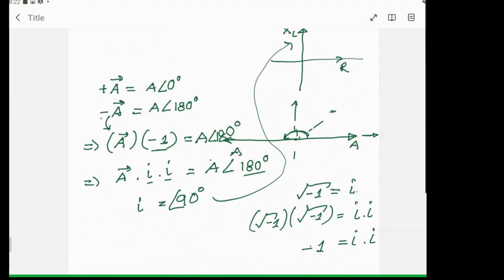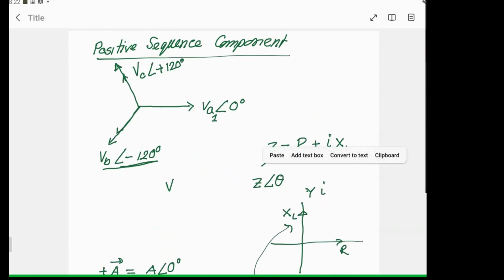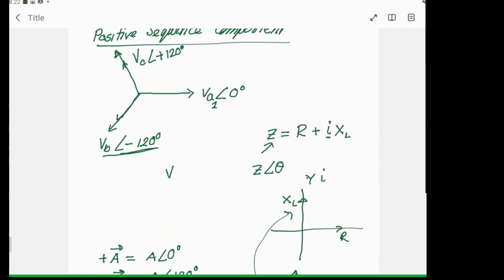So now we have done this multiplication. Whenever we have done this multiplication, this actually tells that this quantity has been shifted by 90-degree. So similarly, I can write down that VA is making an angle of 0-degree. Now VB, I can tell this is actually VA because this vector is having the same value and that is making an angle of -120-degree.